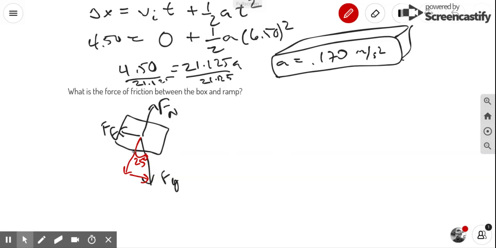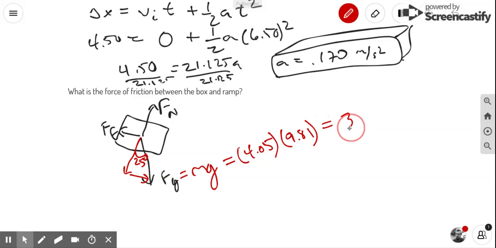So it's like we did last time. I've got this force of gravity, which equals mg, mass times gravity. Looking back at the problem, our mass was 4.05 kilograms and g is 9.81. If I multiply those two together, I get a weight of 39.7 newtons. I want to figure out what these two components are, using trig again.